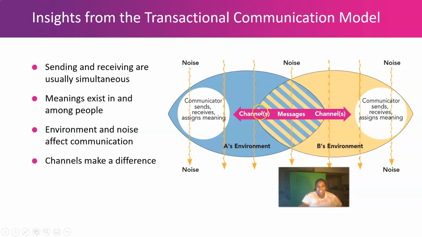Now these squiggly lines can be referred to as noise. Now some models refer to those as interrupters, but there's two aspects or two facets of the noise or interrupters. So for example, you can have internal noise and external noise. Internal noise is more psychological.